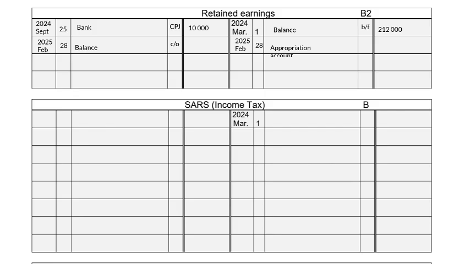Journal. With an amount of 600,300 Rand. If we say 212,000 and we add 600,300, we get a main total of 812,300.